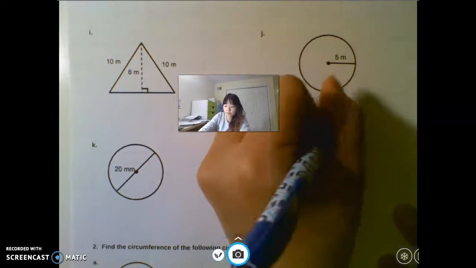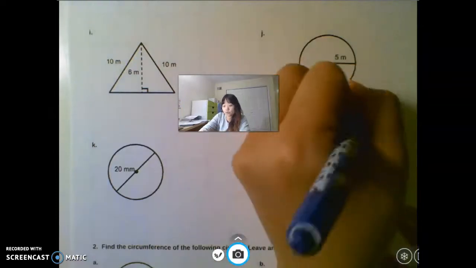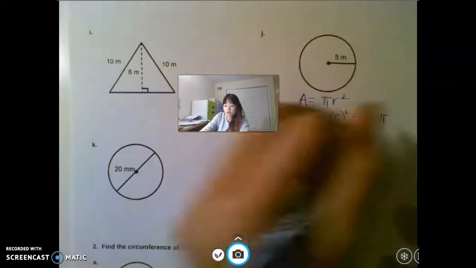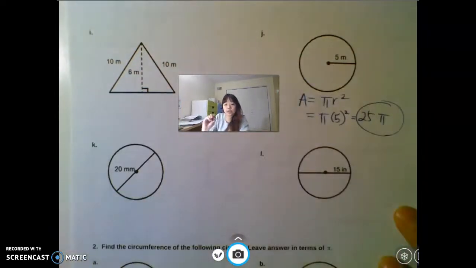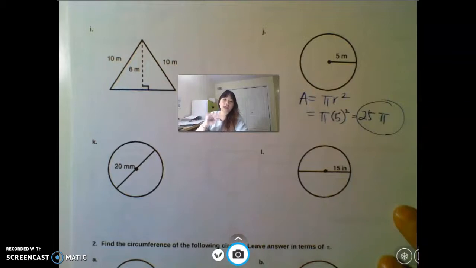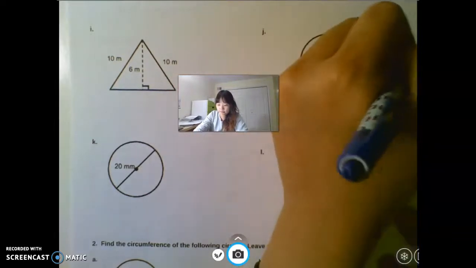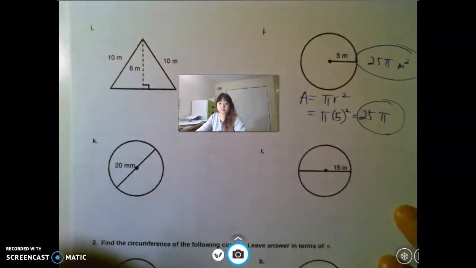Pi times 5 squared. 5 squared is 25. And then you're just keeping the pi. Don't ever press the pi key in the calculator in this entire learning target and the next learning target. We're keeping every single pi as pi. So that'll be 25 pi meters squared for the unit.